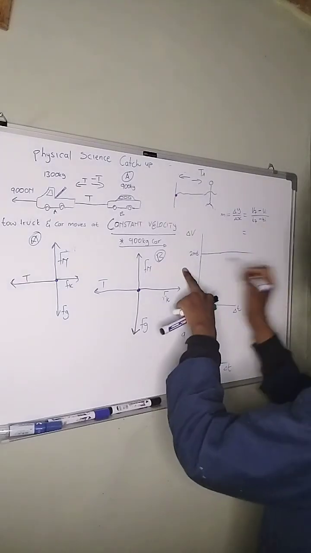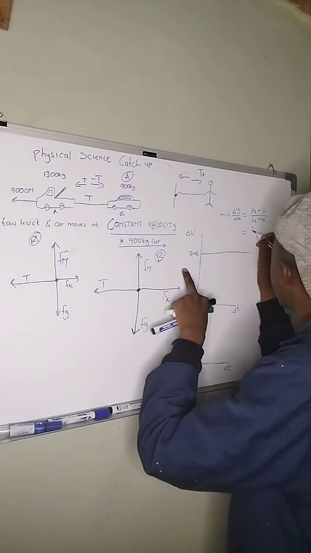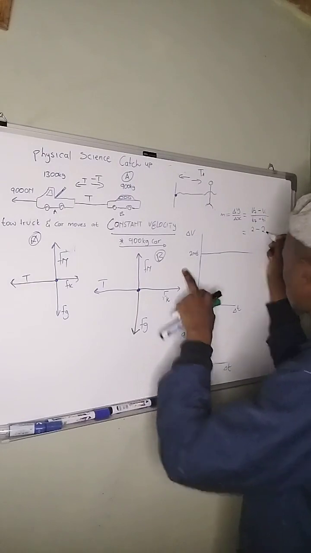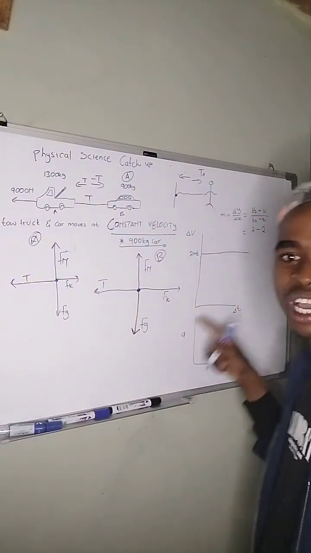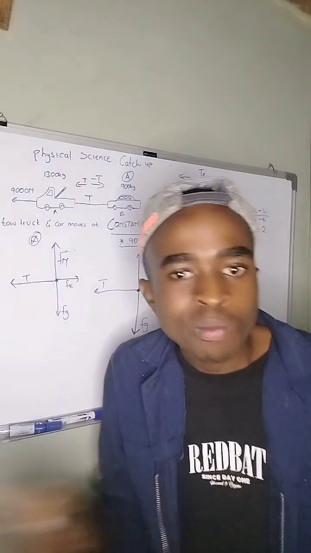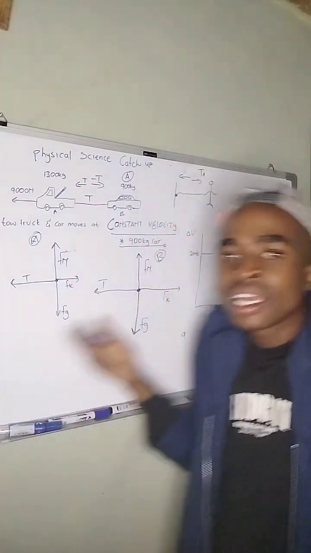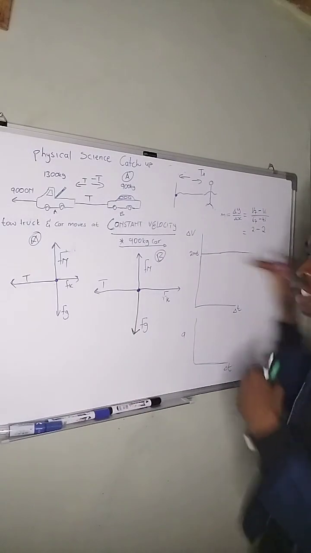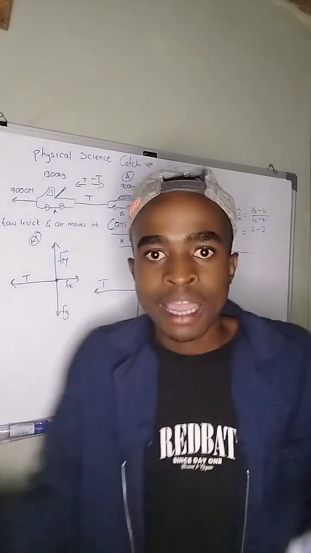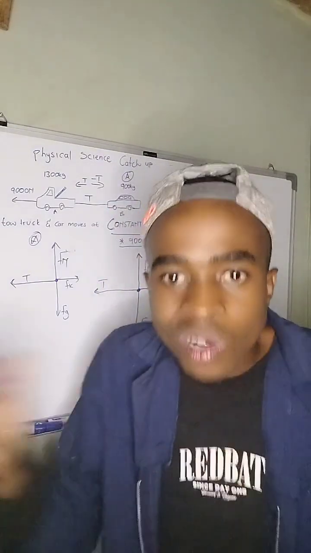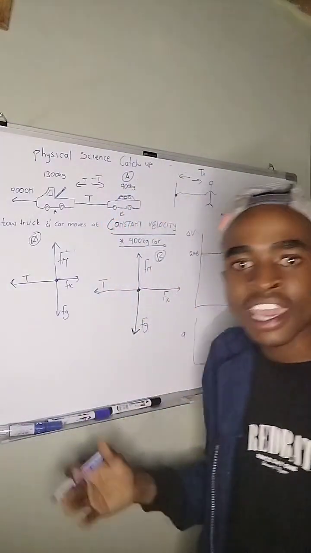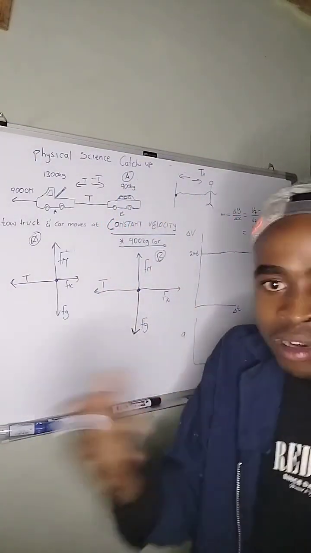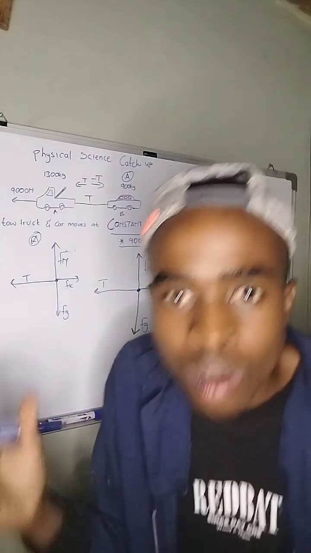Here we don't have a slope, so I'm going to have 2 minus 2 as the time goes by. As the time goes by, the velocity is constant. And as the velocity becomes very constant, we don't have a slope.